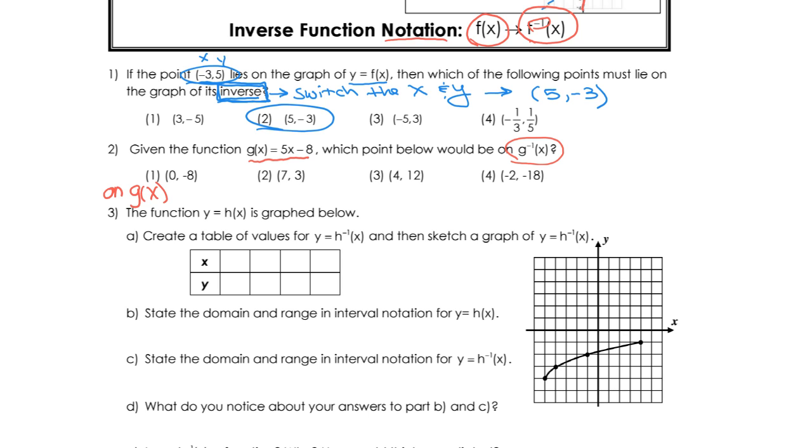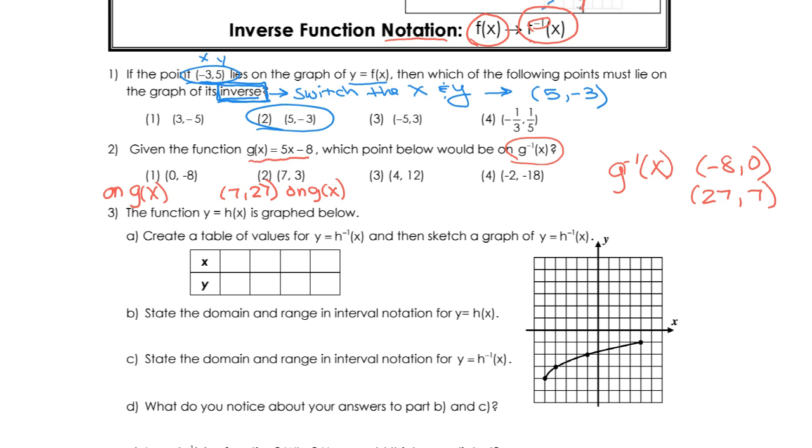So on g inverse of x, it would be the point -8, 0. And that's not an option, so we can go to the next point. We could look at 7, 3. We don't see 7, 3; we see 7, 27. So 7, 27 is on g of x, therefore 27, 7 would be on g inverse of x.